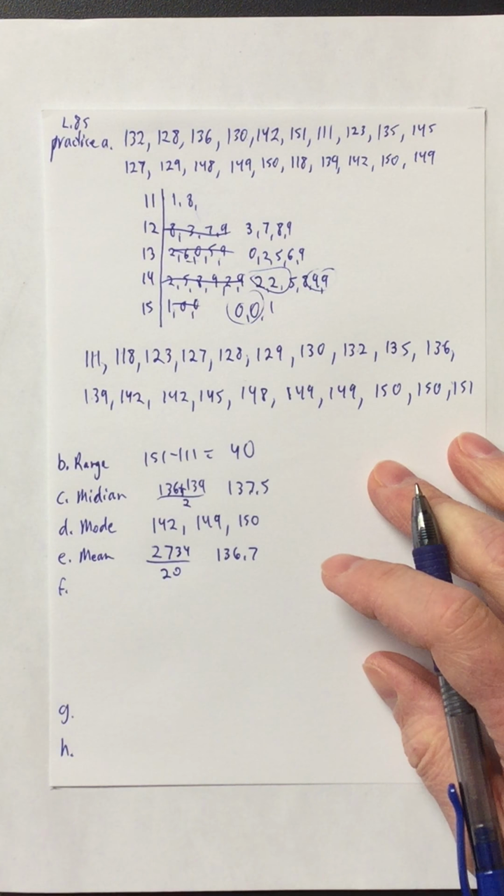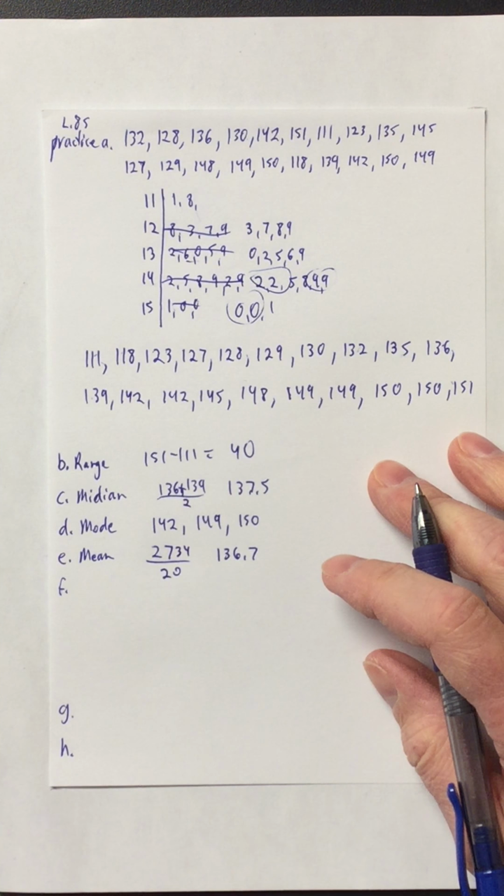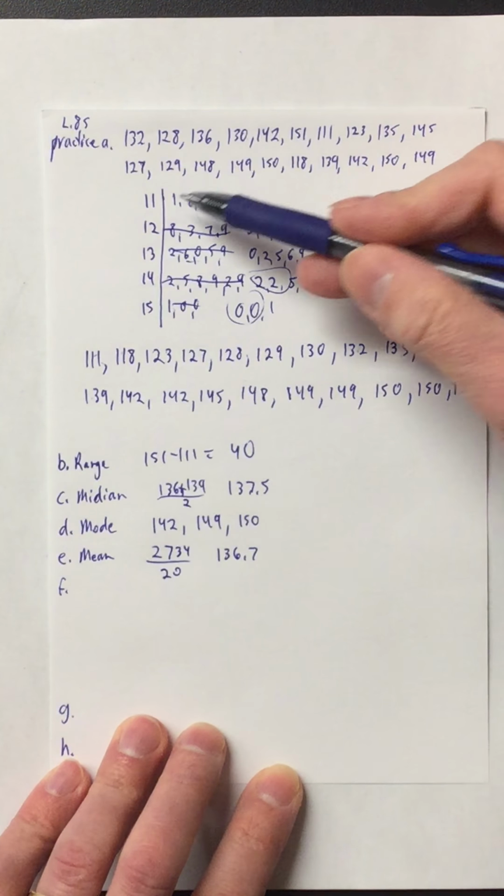Okay, our letter F in our practice here says use a stem and leaf to create a frequency distribution plot or a table, our histogram. So let's go ahead and do that. Let's plan it out here a little bit.